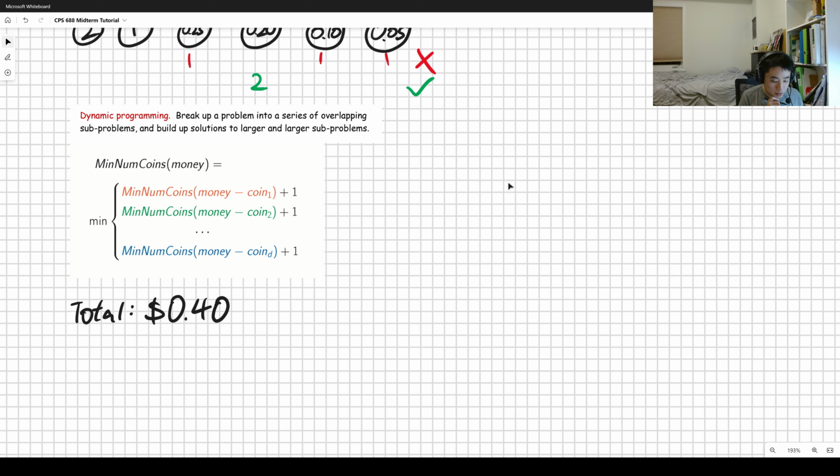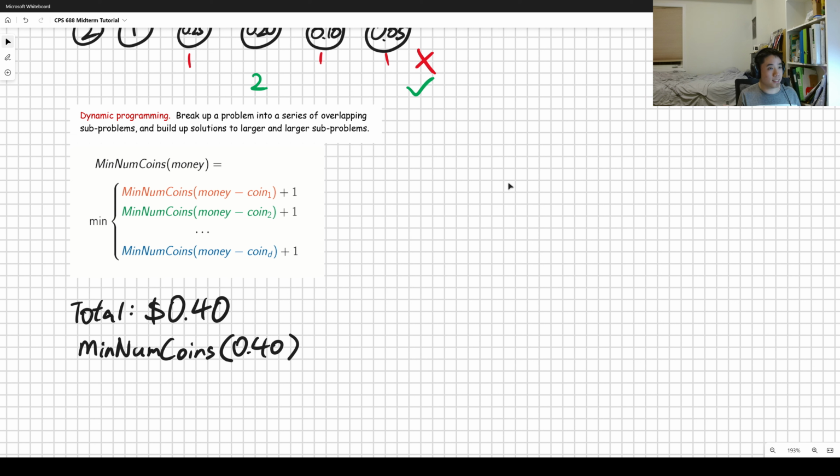I'm going to use recursion as I did up here, and I'm going to start by calling min num coins for some kind of money. For our money, I'm going to write 40 cents.